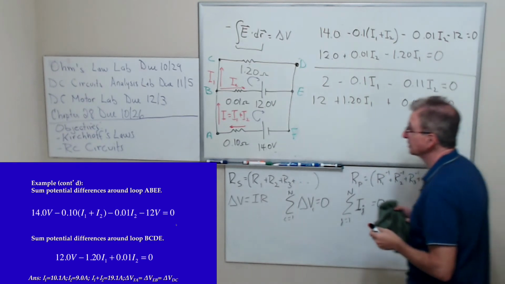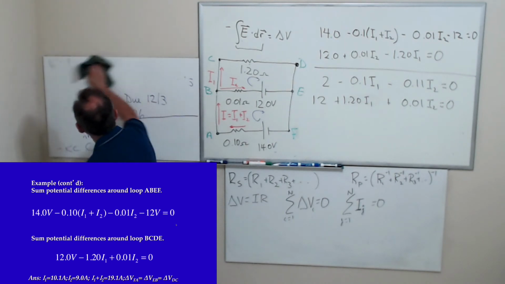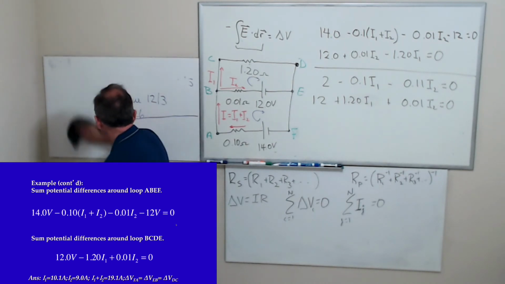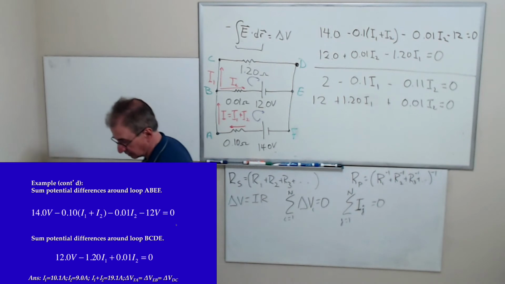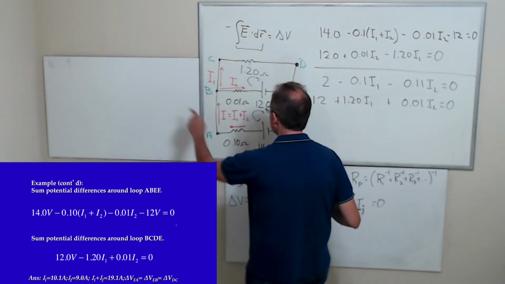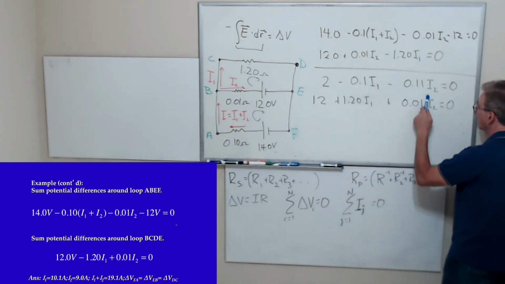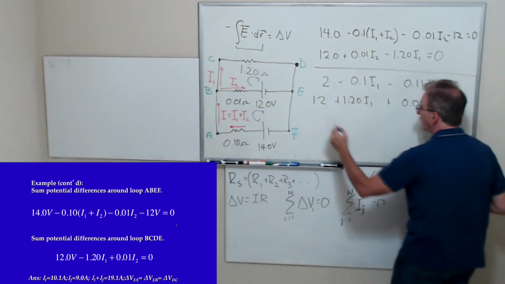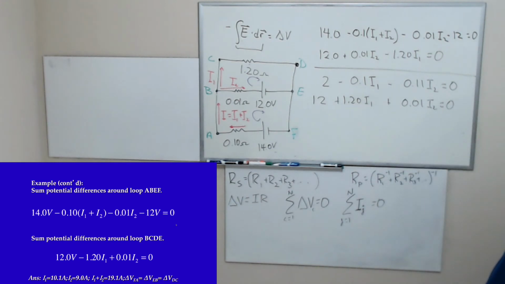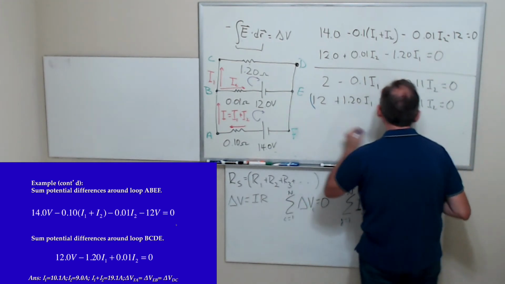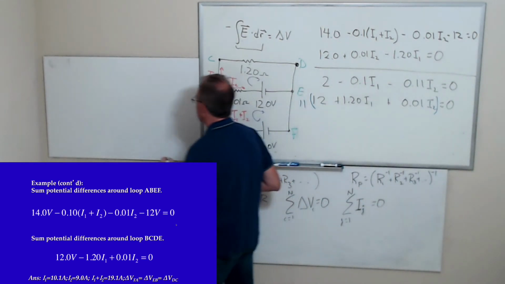So those are my equations. Now I just got to solve them. I am not going to solve by substitution. I actually like doing the following. I'm going to eliminate I2, and so I'm going to multiply through by 11.